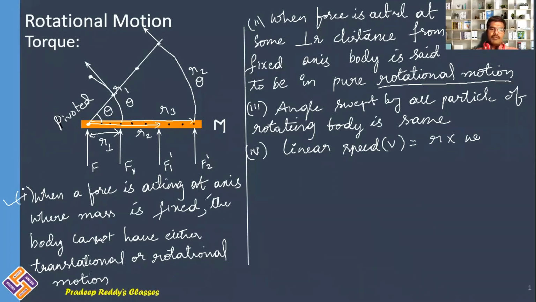Clearly, you can observe that even though the force acting can be of the same magnitude, all forces acting over here have the same magnitude, but the positions where they act are different. Therefore, rotation of the body depends upon the position where you act the force.